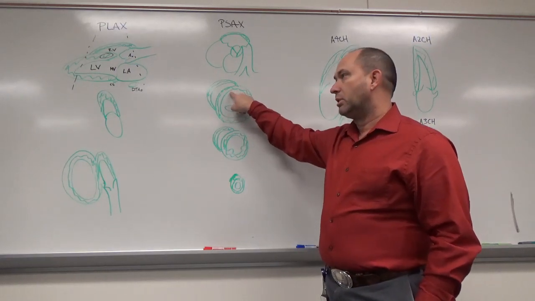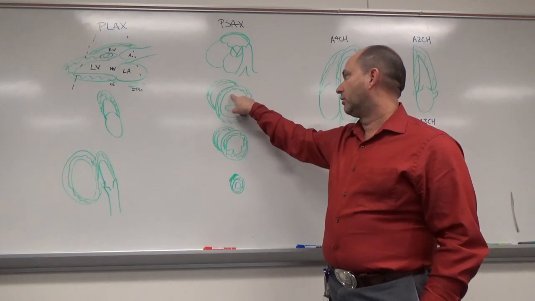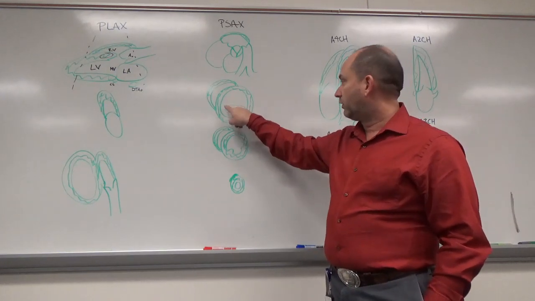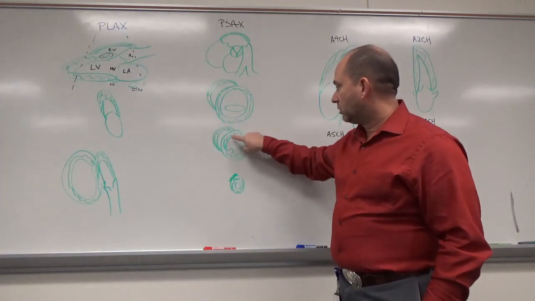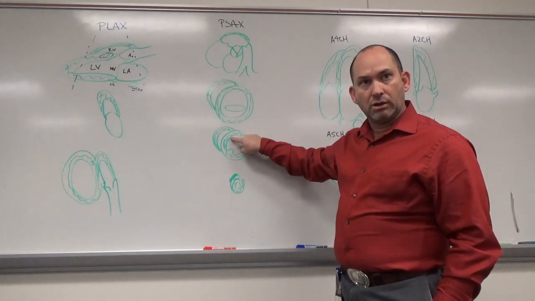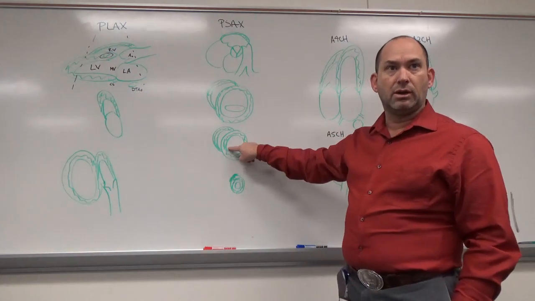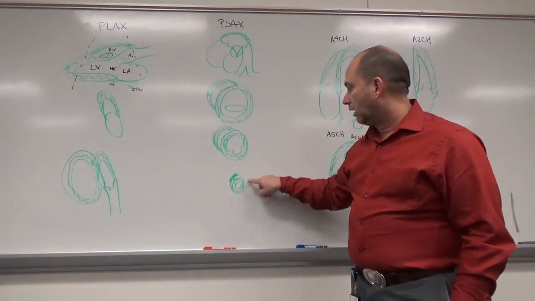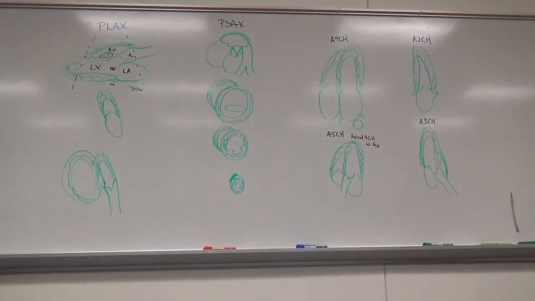So this is, for example, the base anterior septal wall. This is the inferior septal wall at the base. This is anterior septal wall mid. This is inferior septal wall mid. And then apex only has 4 segments, but that's kind of how we're going to divide things up. So it's important you know where the septum is on these.